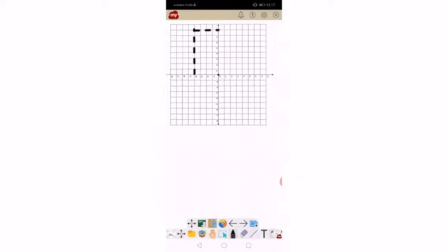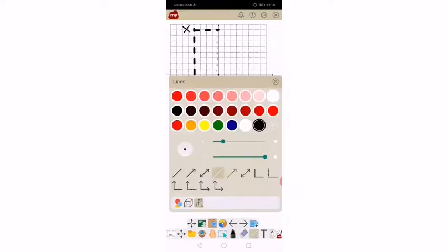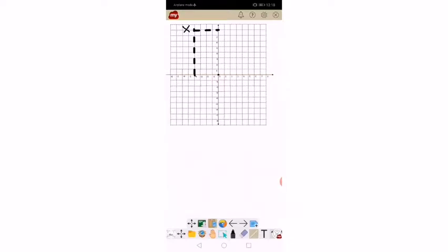So this is the position of X, and point Y (-4, -5). -4, -5, we go down to the y-axis, negative. -5. Ya ini ya, 1, 2, 3, 4, 5.